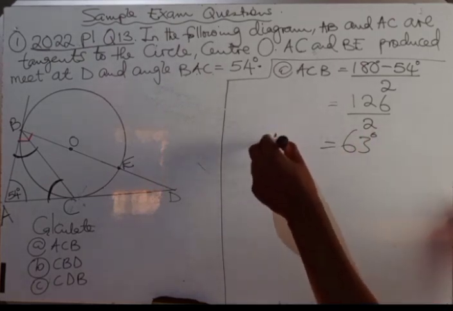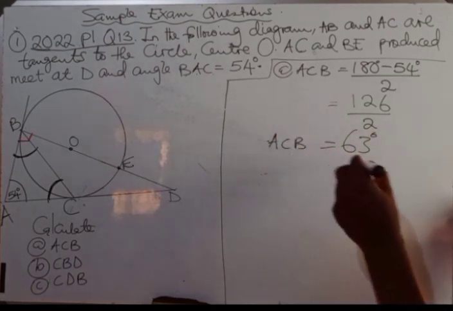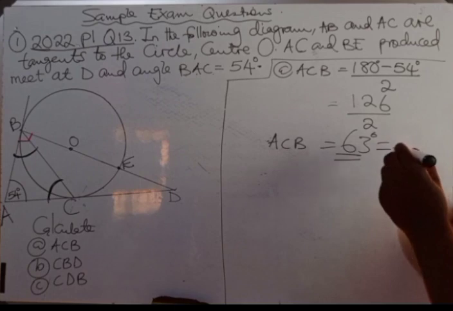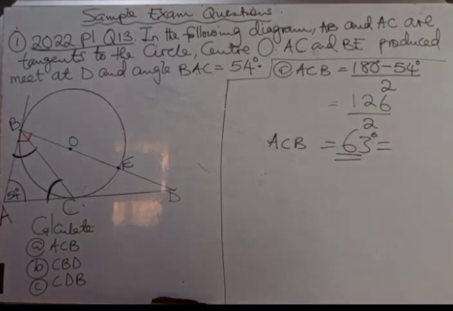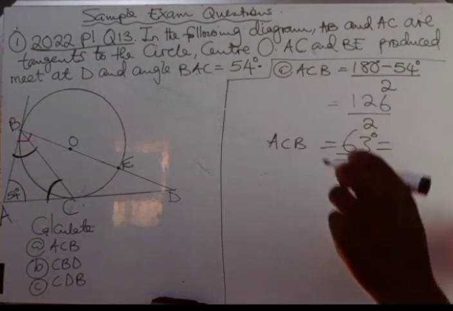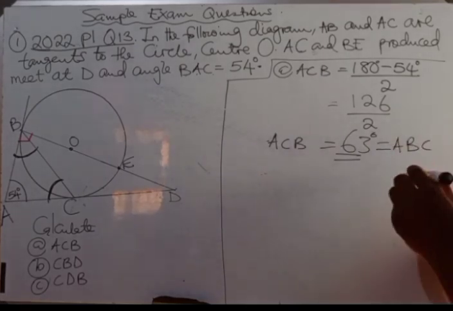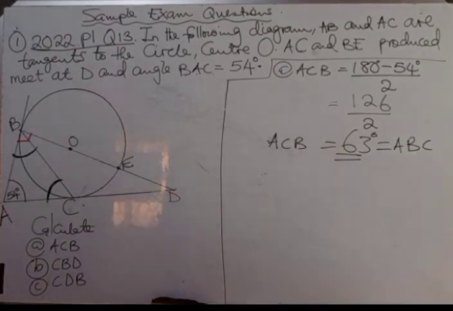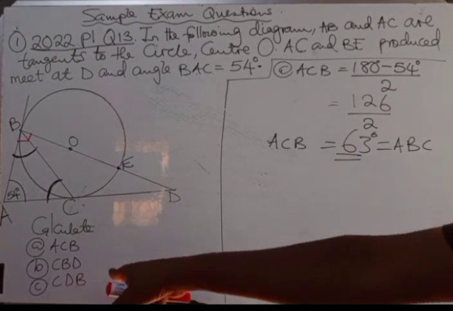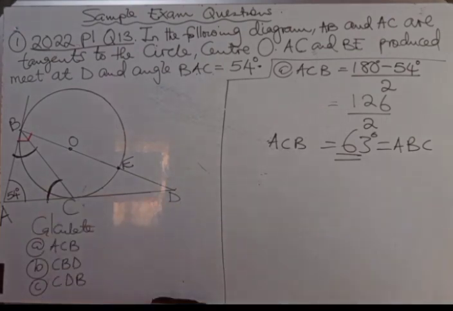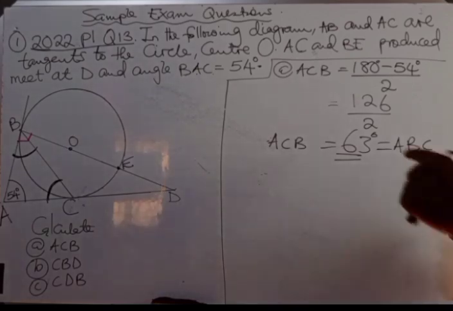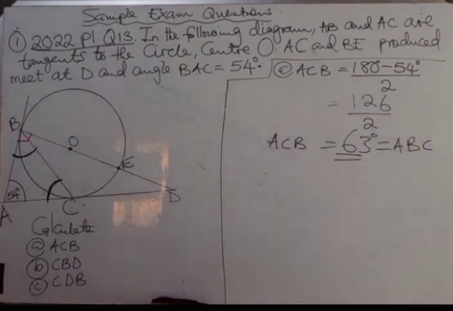So angle ACB is equal to 63, which is also equal to angle ABC. If you have a question asking for angle ABC, the answer is what we have just found for ACB. It will still be the same answer because they are both equal.